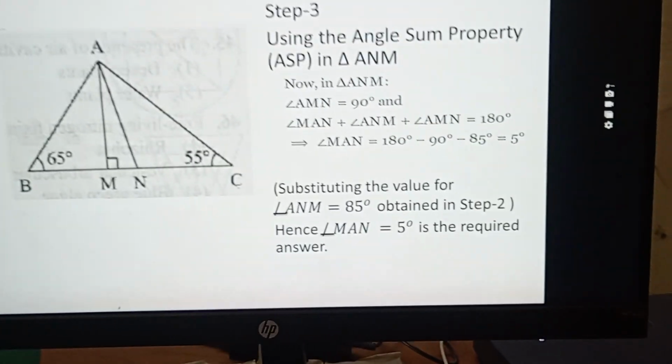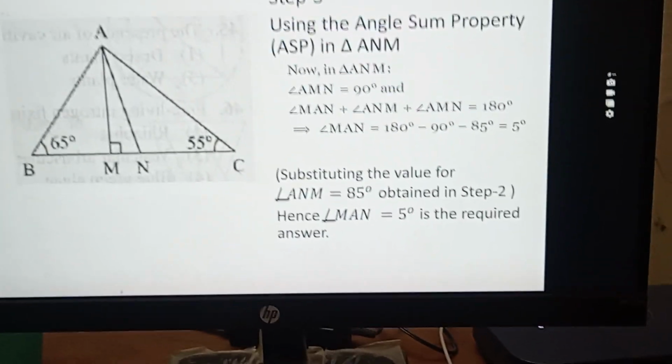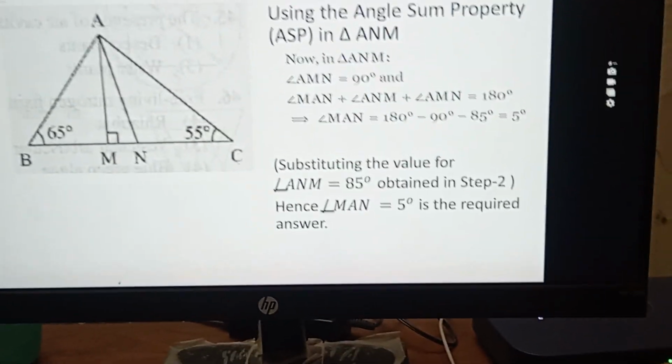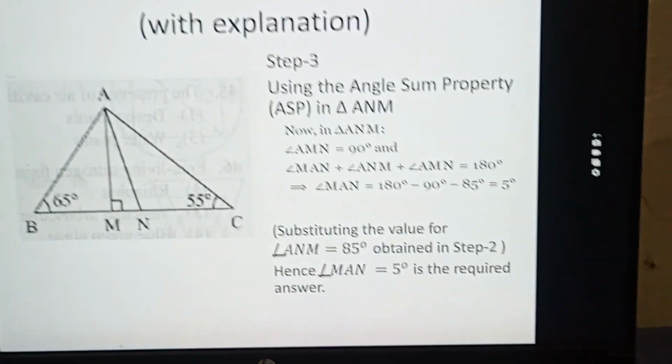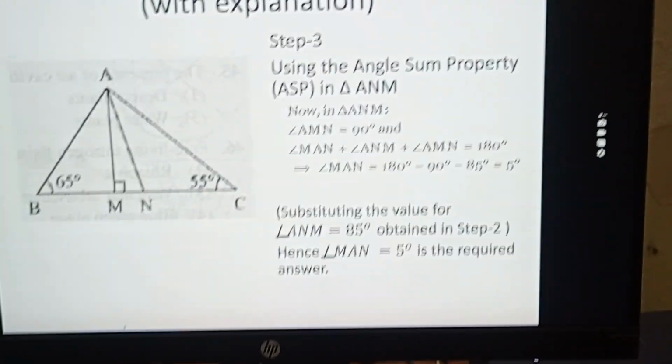Now angle MAN plus angle ANM plus angle AMN is equal to 180 degrees. This is the angle sum property of the triangle ANM.